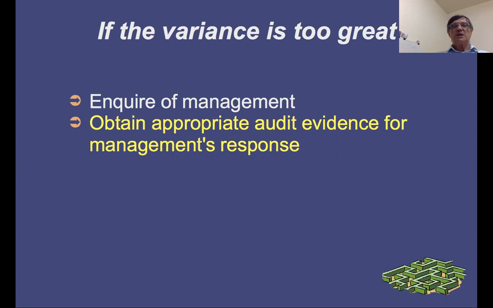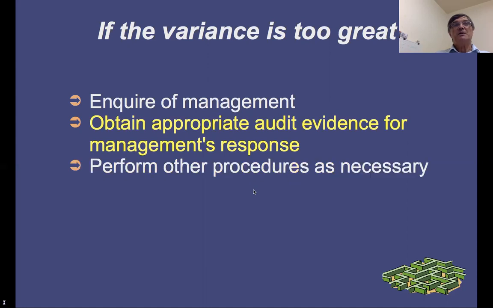But we don't say, oh, that's reasonable, and stop. We then get appropriate audit evidence. And in the case of the repairs to the widget crumbler, it might be going and looking at the invoices from the repairers. So just inquiring of management is not enough. We have to go and get some audit evidence, and indeed perform other procedures if we think that there are other procedures necessary.